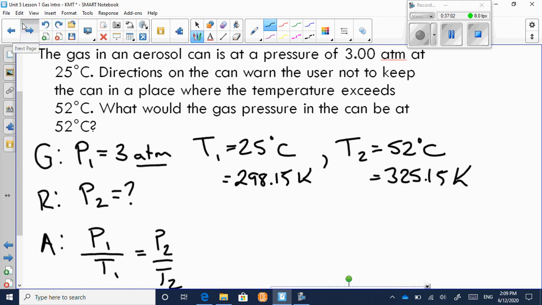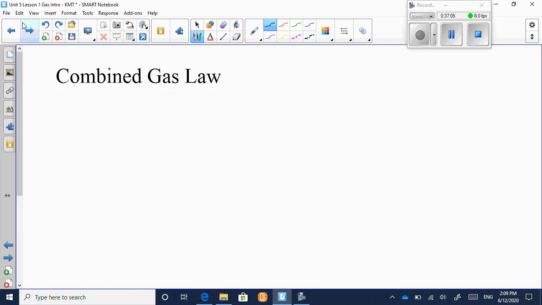All right. I said that was the last law, but there actually is one more law where you combine all these into what we call the combined gas law. So at this point, we know Boyle's law says that pressure and volume are going to be constant as long as the temperature remains constant.